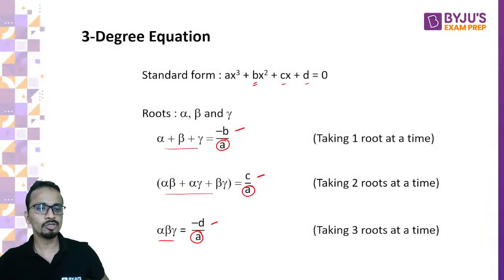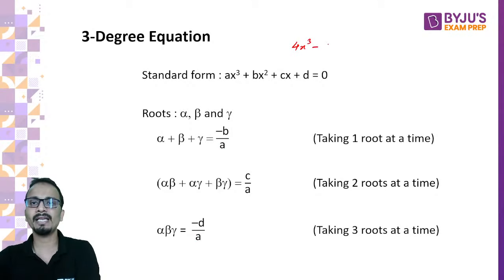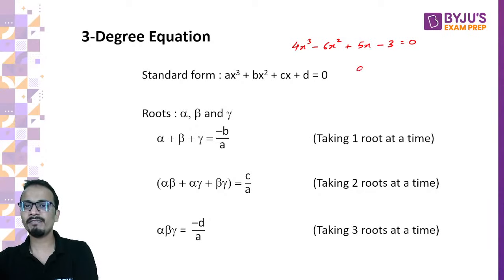Let's say the 3-degree equation is 4x cubed minus 6x squared plus 5x minus 3 equal to 0. Now the values of A, B, C and D: the value of A is plus 4, the value of B is minus 6, the value of C is plus 5 and the value of D is minus 3.